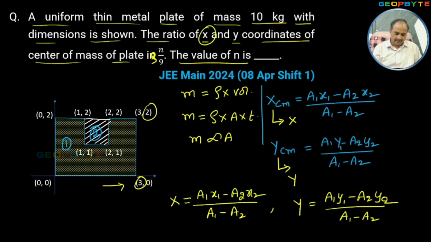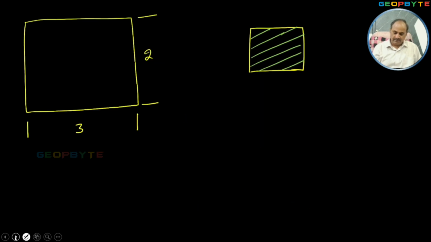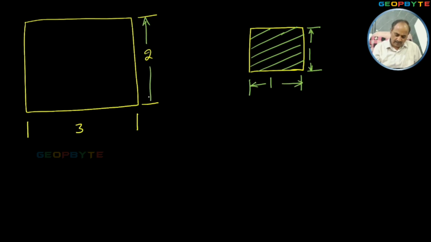It is 1 by 1, the cavity dimension. This 1 and this 1 are with respect to units. Both are rectangles.